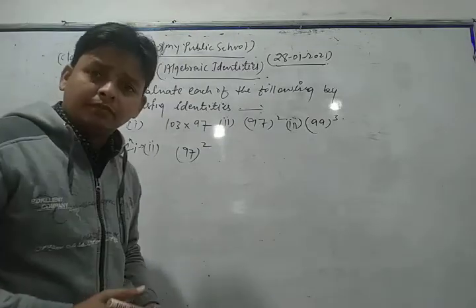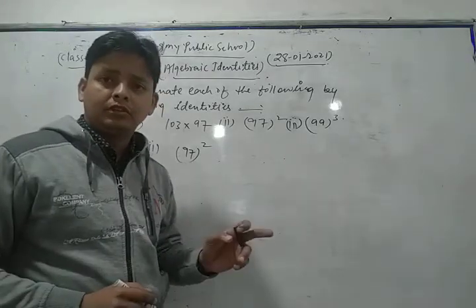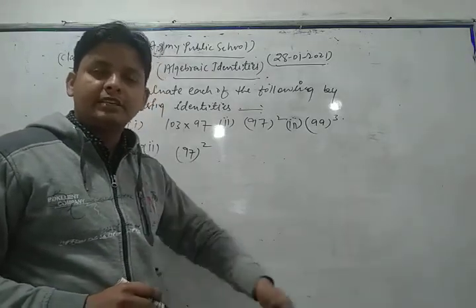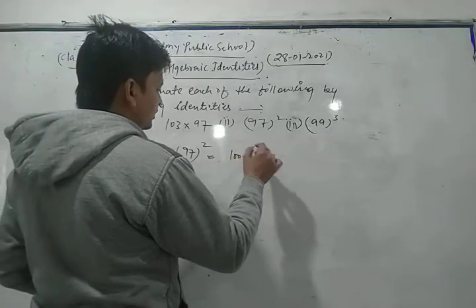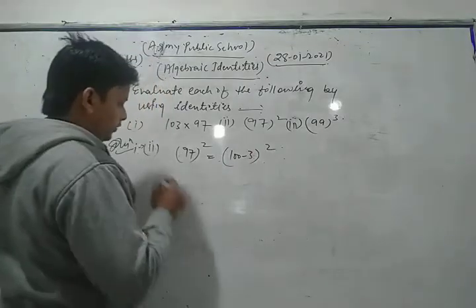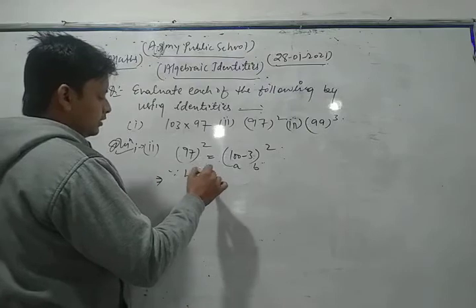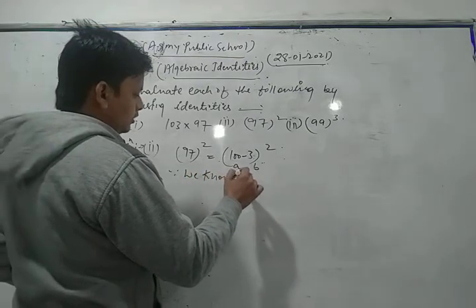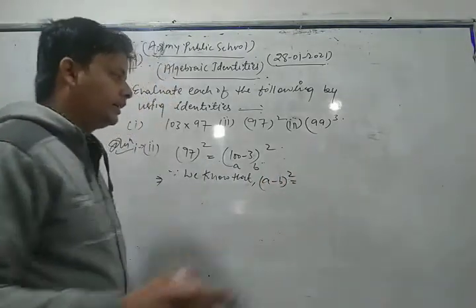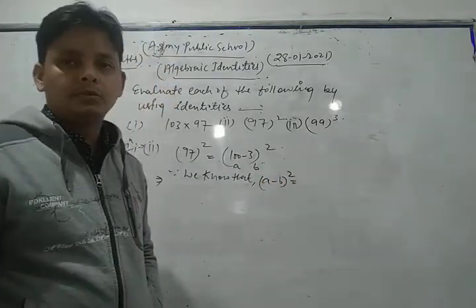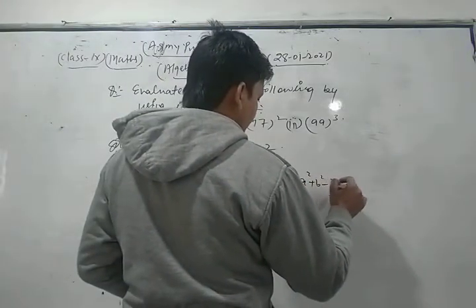We can write 97 as 100 minus 3. Now we use the identity a minus b whole square. We can write 97 as 100 minus 3 whole square, where this is a and this is b. We know the identity a minus b whole square is a square plus b square minus 2ab.